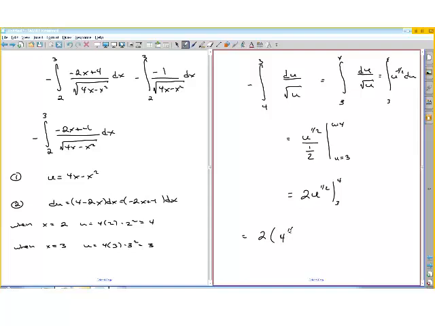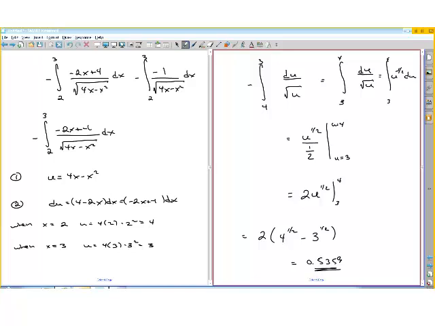4 to the 1/2 power, the square root of 4, minus 3 to the 1/2 power, which is the square root of 3. So let's just go ahead and calculate the number. So we have 2 times quantity 4 to the 0.5 power minus 3 to the 0.5 power, and the number I get is 0.5359.